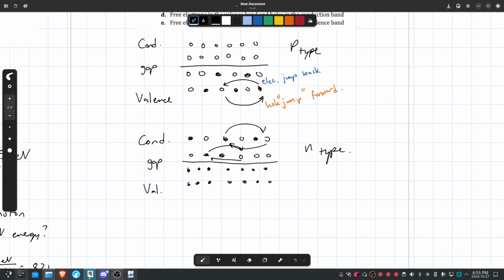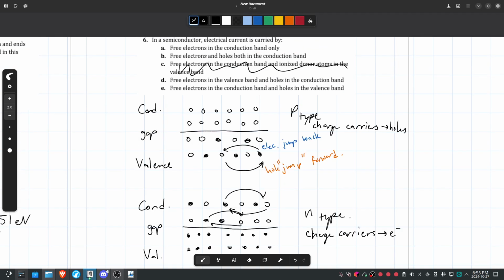So, in an n-type the charge carriers are electrons, compared to the p-type where the charge carriers are holes. You can see the holes conduct in the valence band, the electrons carry in the conduction band. And right there, free electrons in the conduction band and holes in the valence band.